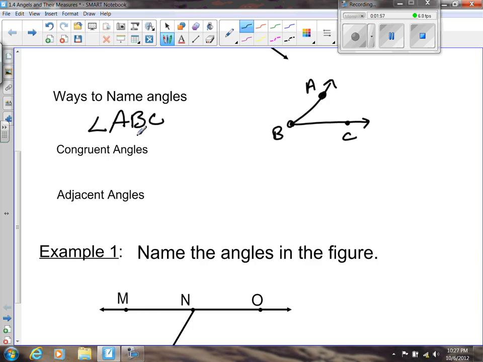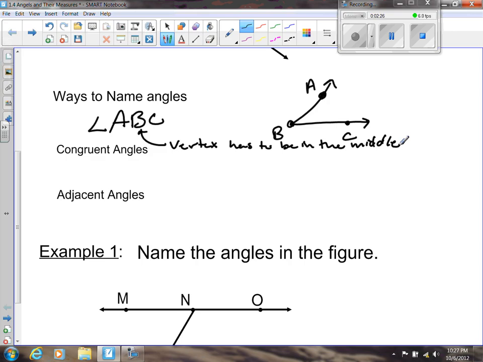So I have this angle marked, and then notice B, the vertex, that's where the initial point of the two rays is. The vertex has to be in the middle.